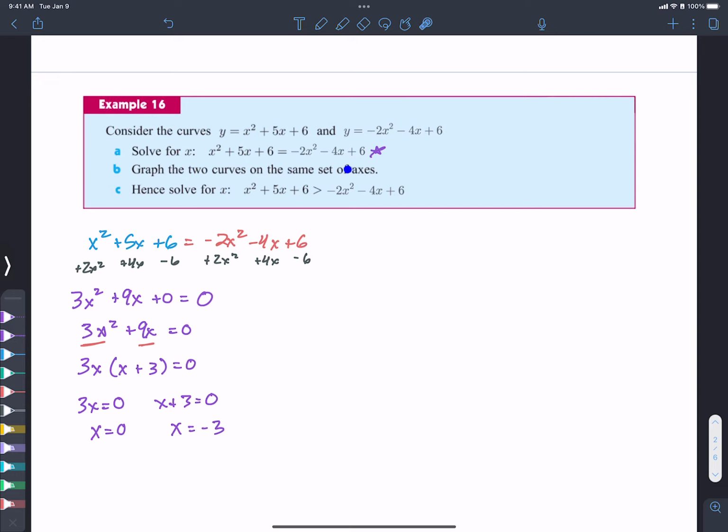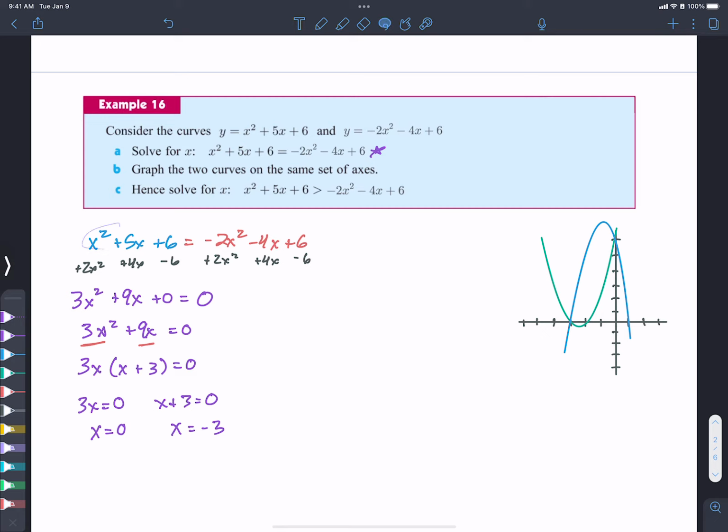Now it asks us to graph these two things on the same set of axes. Now I've actually already done this. Again, I'm just going to pop this in there. Oh, I did blue and green. I didn't realize I did blue and green ahead of time, but that's okay. So this one here is our x squared plus 5x plus 6.